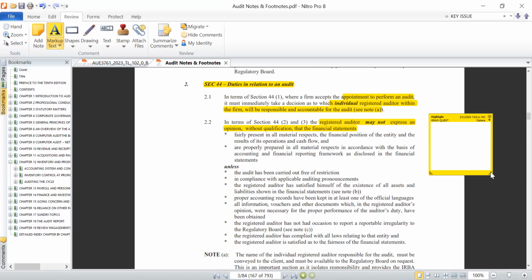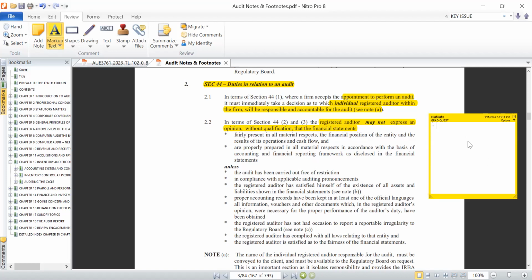Let me put it down in a footnote so that it makes sense. They are simply saying that a registered auditor should not issue an audit opinion without sufficient and appropriate audit evidence in place.